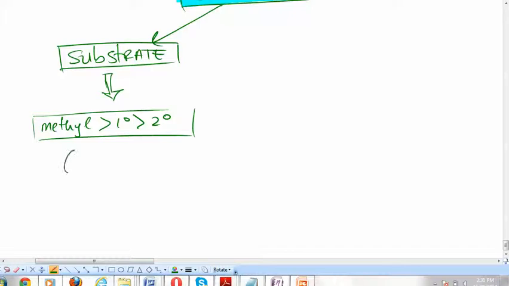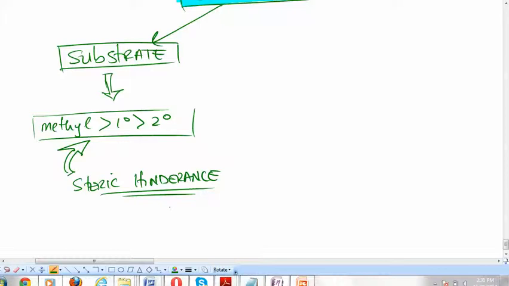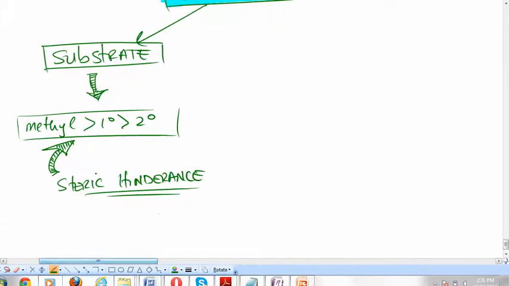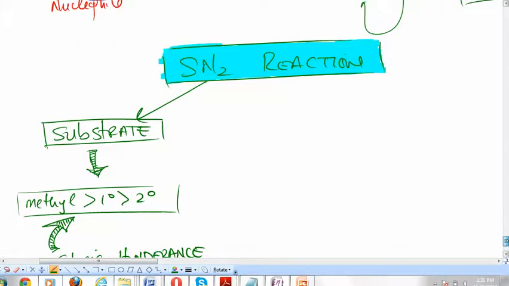The reason why we're favoring the substrates in this order was because of the steric hindrance. So one aspect of the SN2 reaction is the substrate.